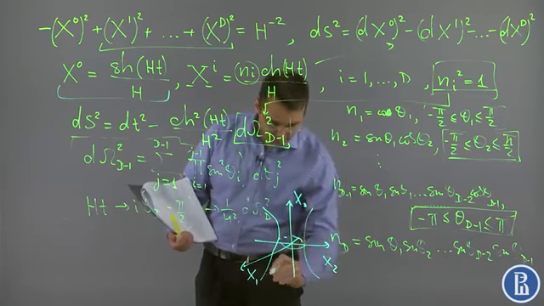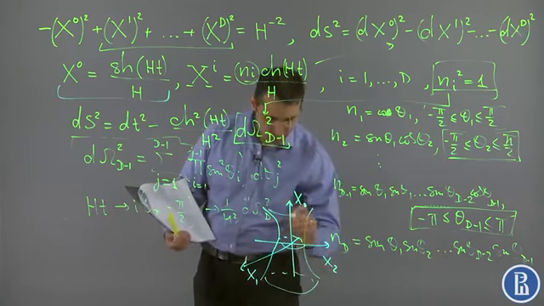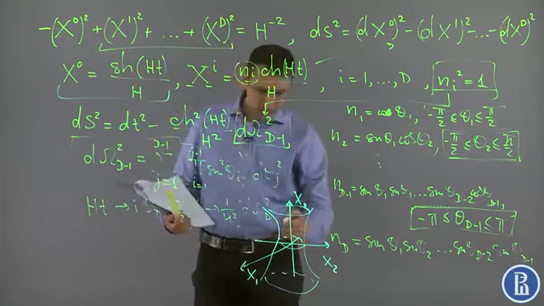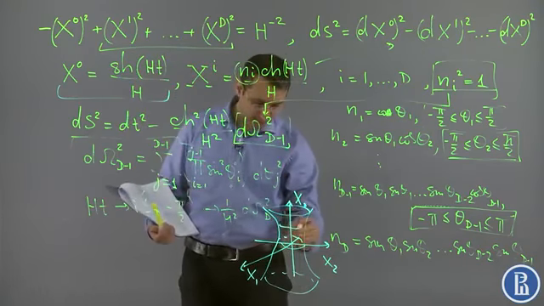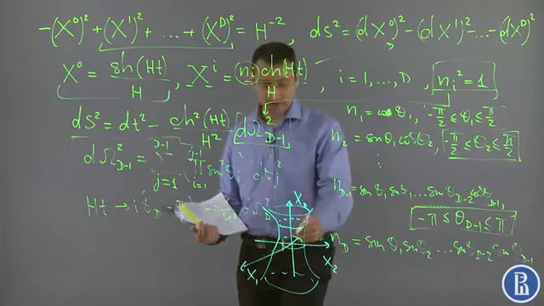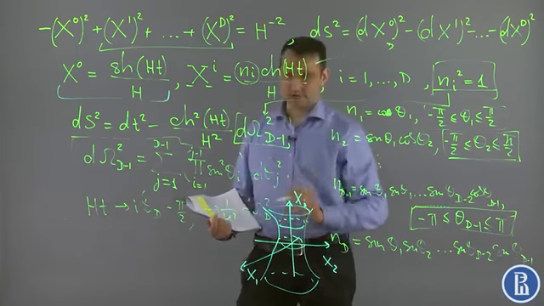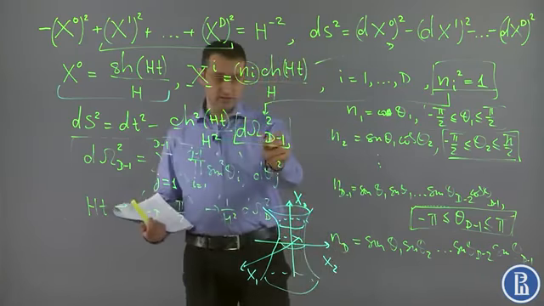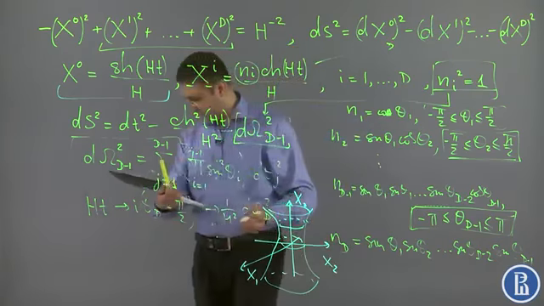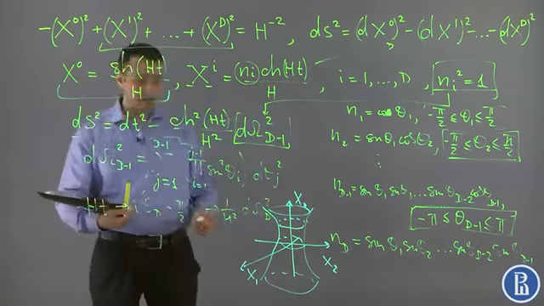Every time slice, constant x0 corresponds to constant t. So every time slice of this hyperboloid is just a d minus 1 dimensional sphere. For this two-dimensional case it is just a circle, because in this case we have a one-dimensional sphere, which is a circle.